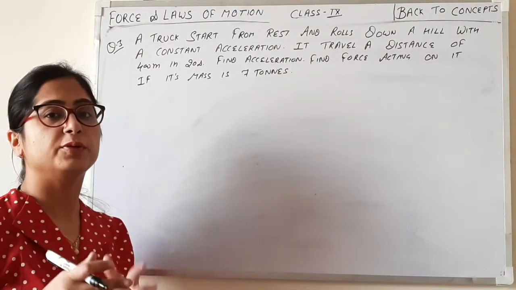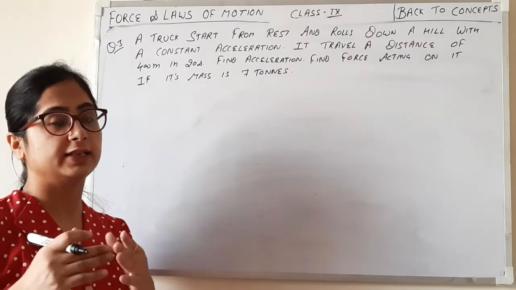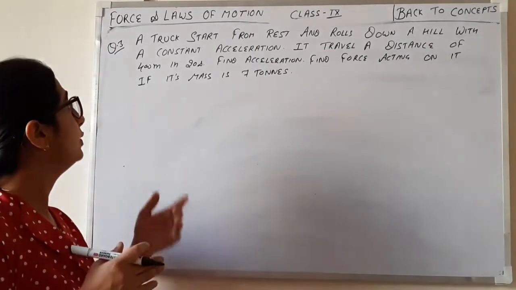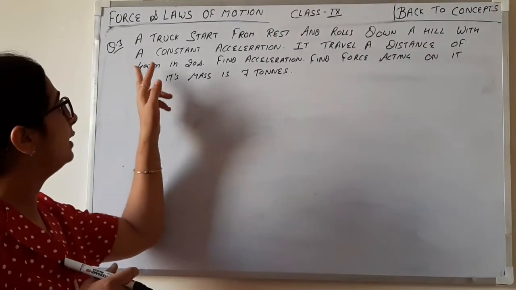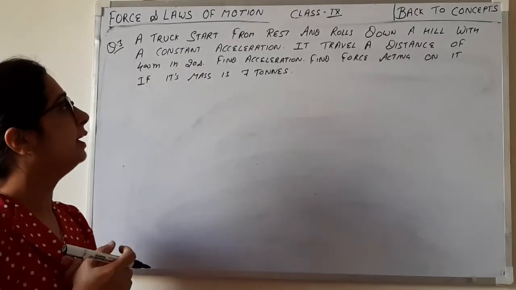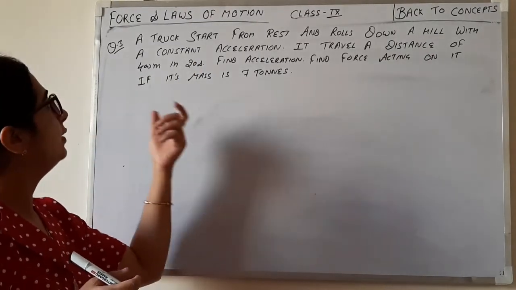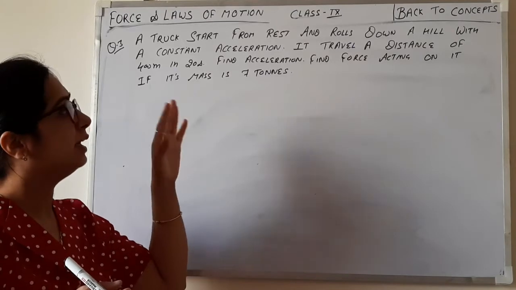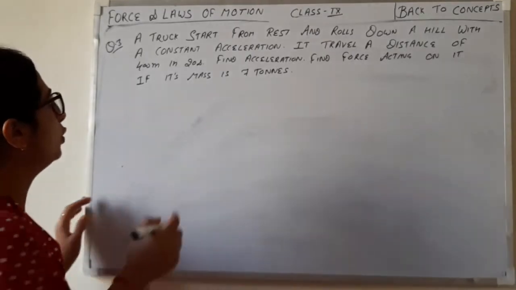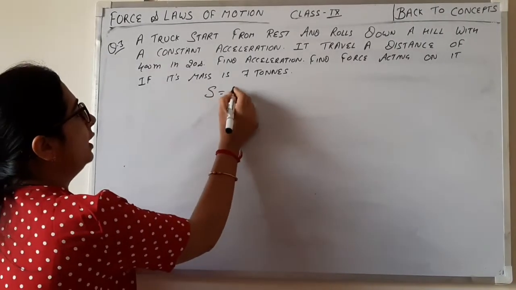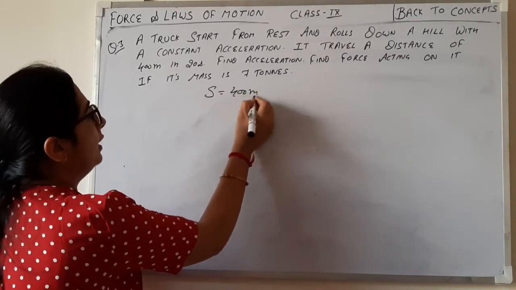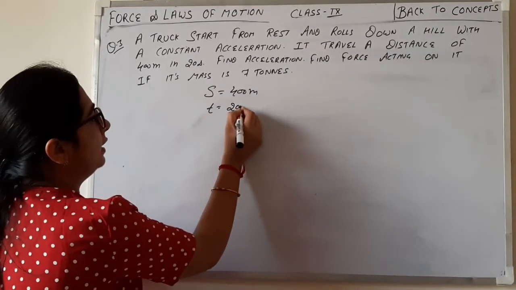Numerical starts from Newton's second law of motion, that is F is equal to ma. So what this numerical says: a truck starts from rest and rolls down a hill with a constant acceleration. It travels a distance of 400 meter in 20 seconds.